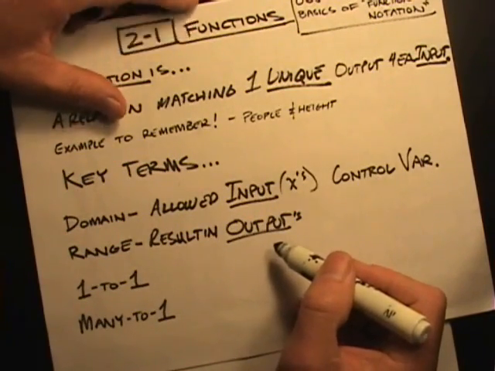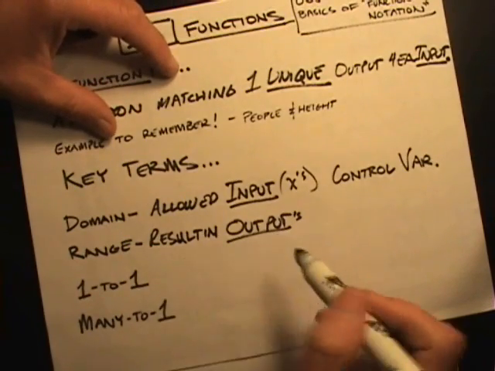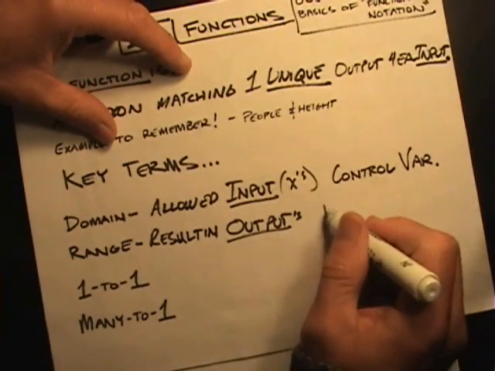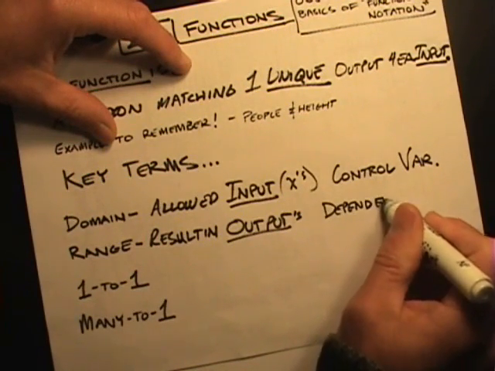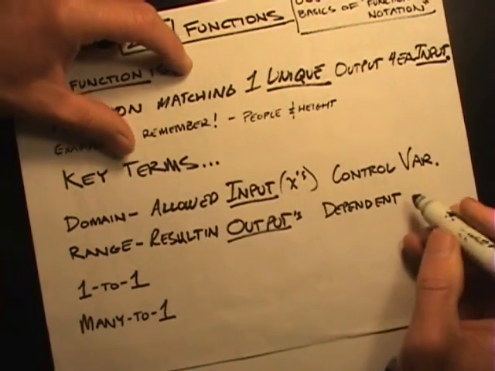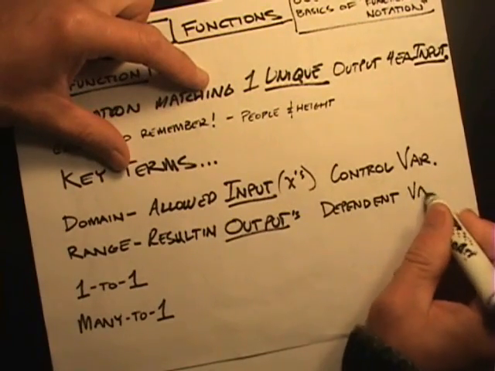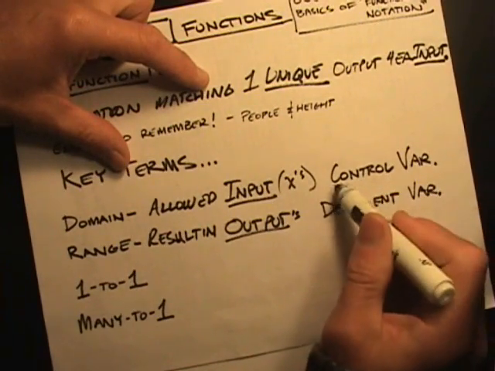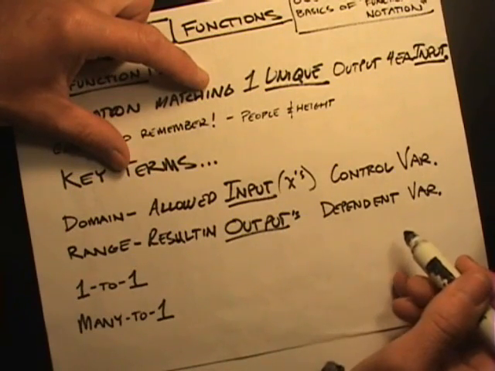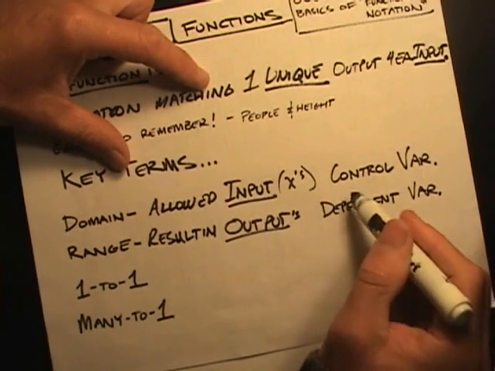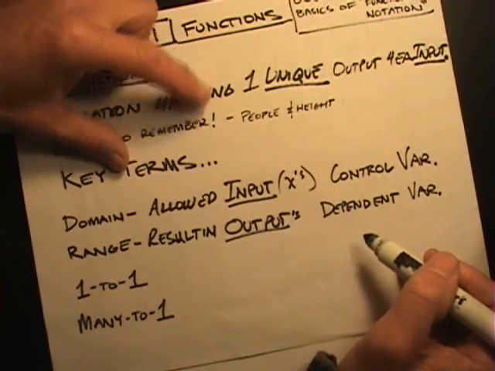But sometimes it fluctuates wildly, and you get a lot of different outputs. This is called the dependent variable. A lot of you have done this very thoroughly in the Pingree Science Department. On graphs, the x's are always your control variable, and the vertical axis will be your dependent variable. The control variable is also called the independent variable.